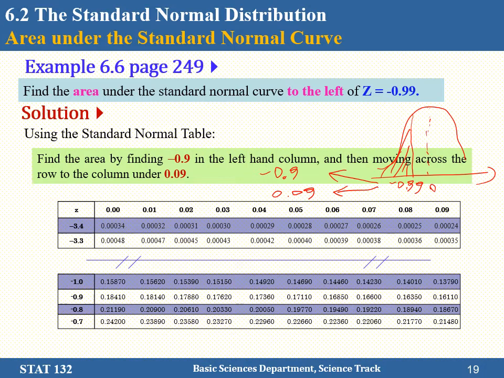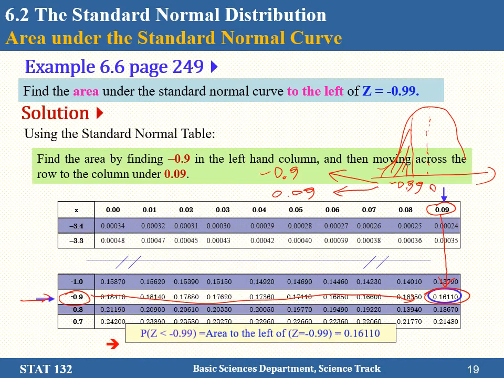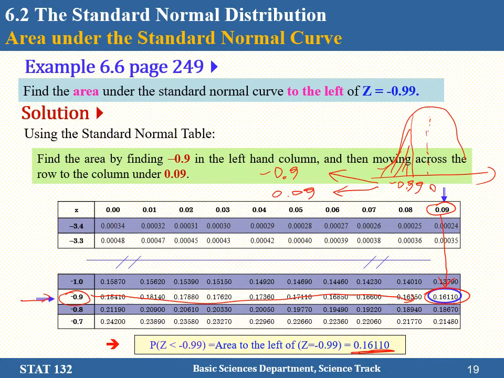So you find negative 0.9 and 0.09 and the corresponding number here. This will be the area under the standard normal curve to the left of z equal to negative 0.99.